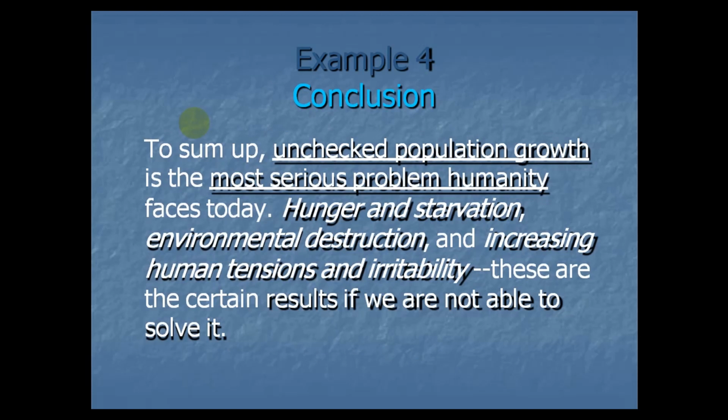Hunger and starvation, environmental destruction, and increasing human tension and irritability, these are the certain results if we are not able to solve it. So that is a warning of what is going to happen, and it's also a short summary of the whole essay.